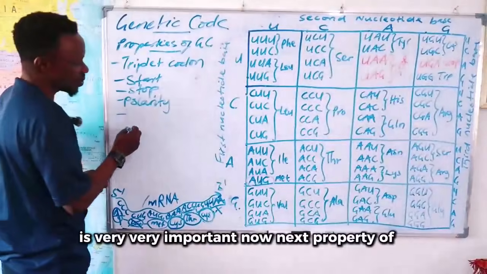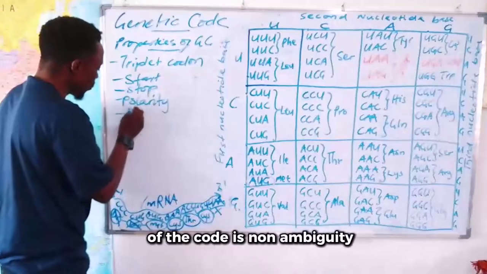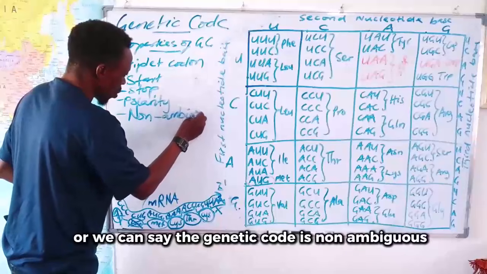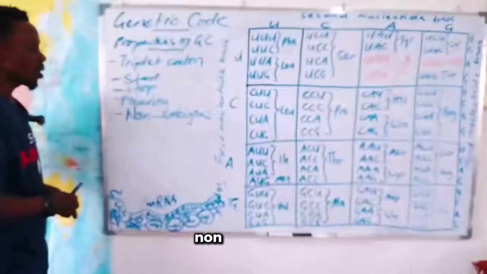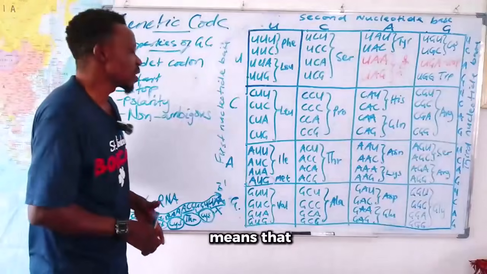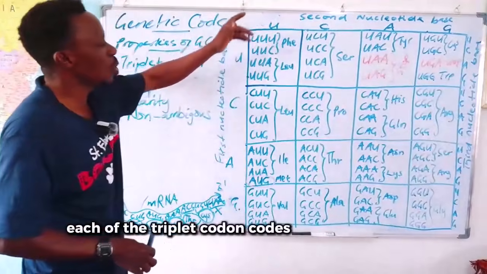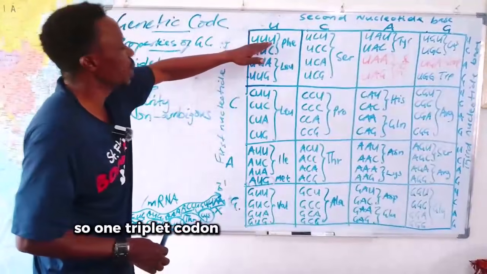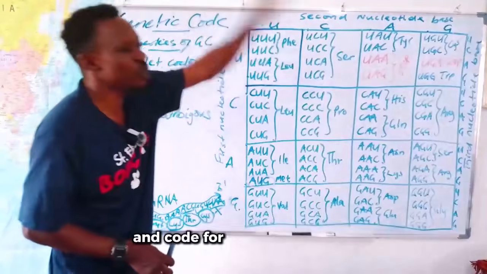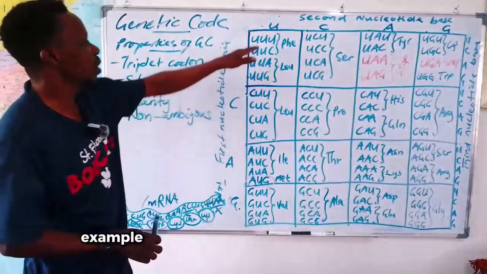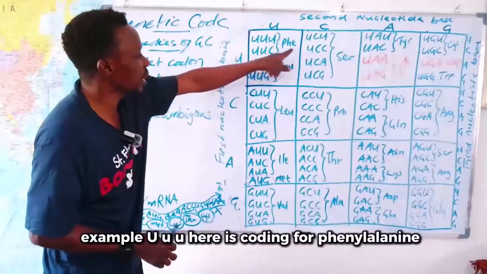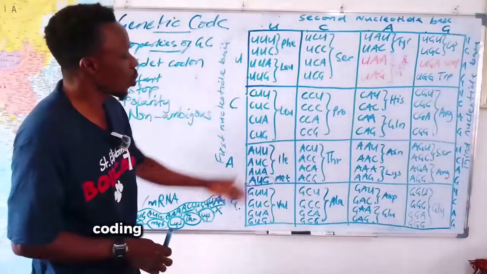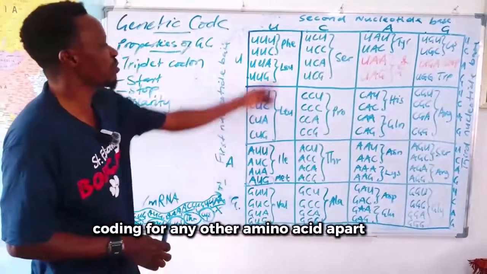Now, the next property of the code is non-ambiguity, or we can say the genetic code is non-ambiguous. Non-ambiguous means that each triplet codon codes only for one amino acid at a time. So one triplet codon cannot code for a particular amino acid and also code for another amino acid. Example, UUU here is coding for phenylalanine. You cannot find UUU on this table coding for any other amino acid apart from phenylalanine.